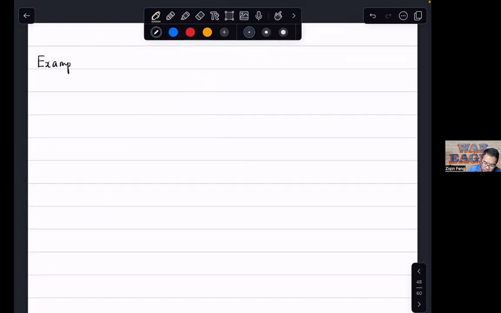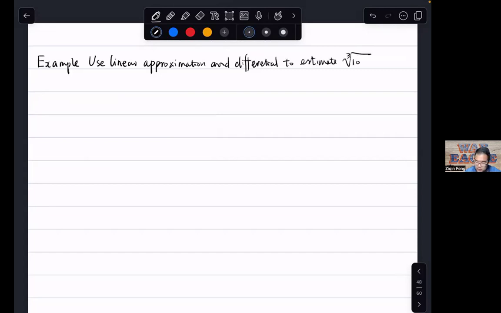We want to use a linear approximation and differential, both linear approximation and differential, to estimate the third root of 1001, right? So let's try to use differential first.